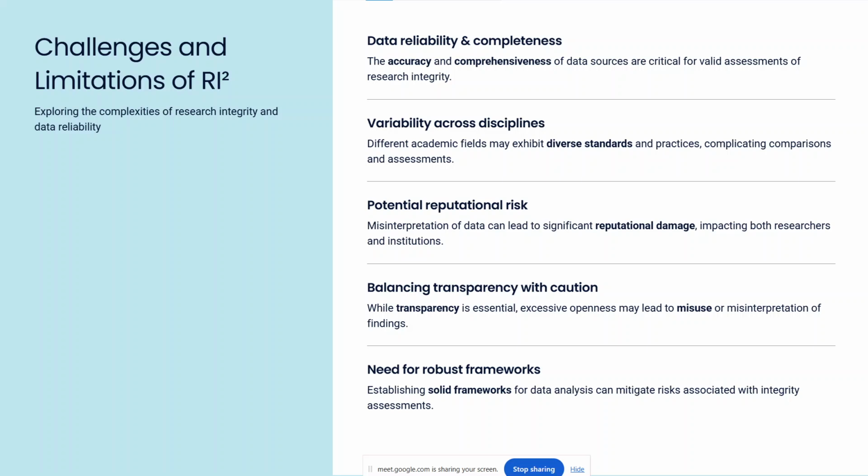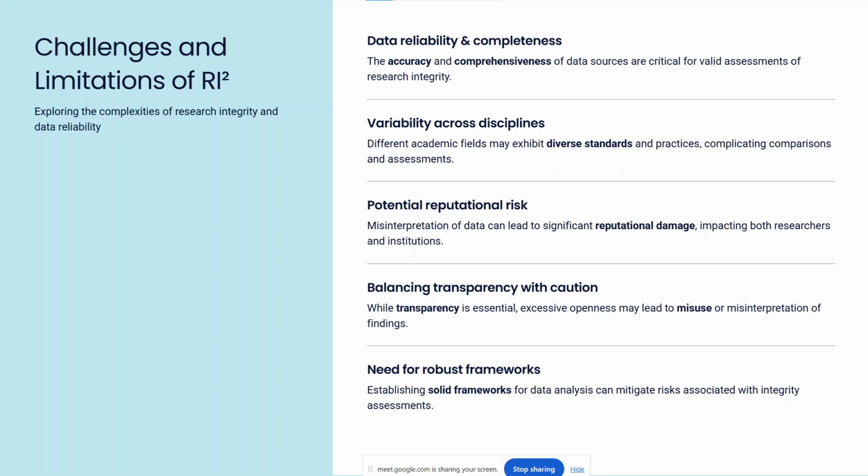And one more limitation is, it's very difficult for this kind of organization to calculate this RI square value, especially for multidisciplinary journals. A multidisciplinary journal is one that publishes papers from all the domains. Balancing this transparency is very difficult, because we have thousands of millions of journals and papers.